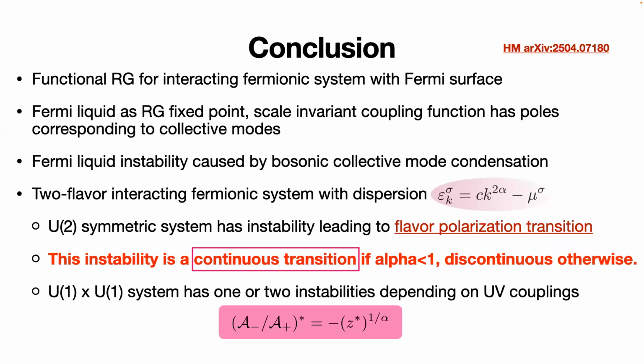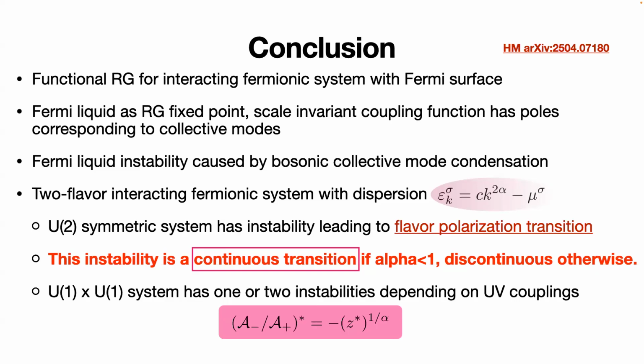Okay, so in conclusion, in this work we study the Fermi liquid instability. I reviewed the single flavor Fermi liquid phase, and its instability is driven by the condensation of the collective mode. I also talked about the two flavor Fermi liquid phase. Its instability is driven by the so-called density mode or the spin mode.